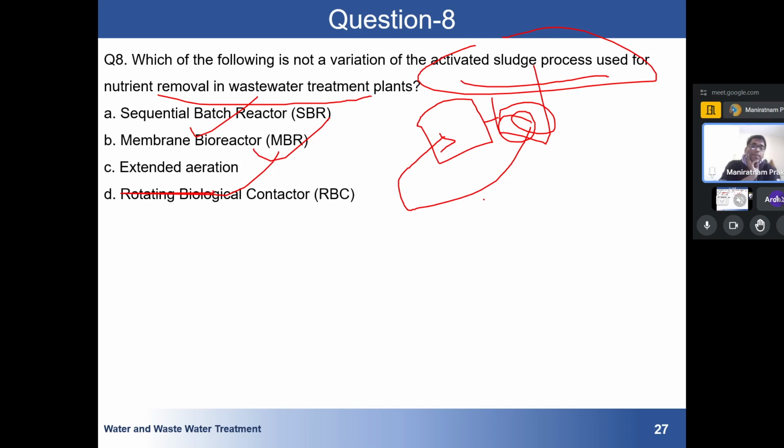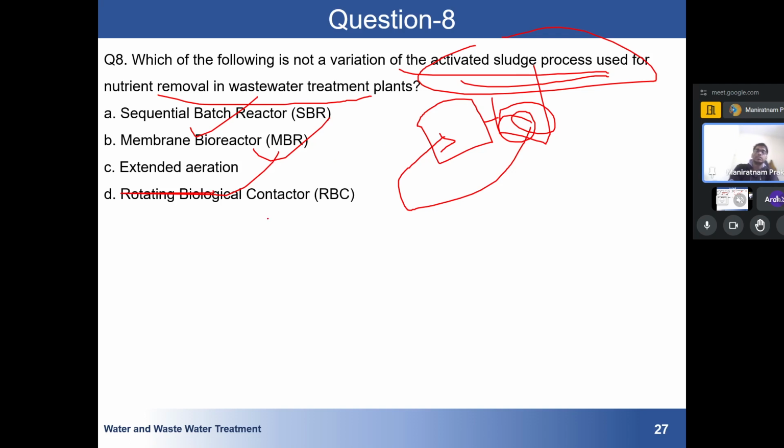This will help in the degradation, and it will contain different types of microorganisms. So that will also help in the nutrients removal. So they are asking which is not a variation of activated sludge process used for nutrient removal in wastewater treatment.